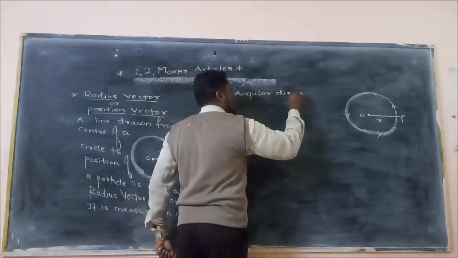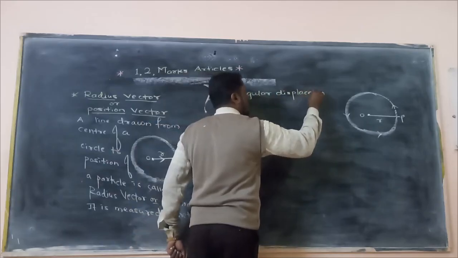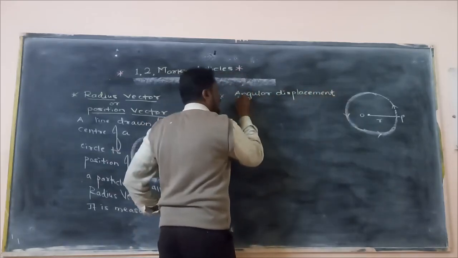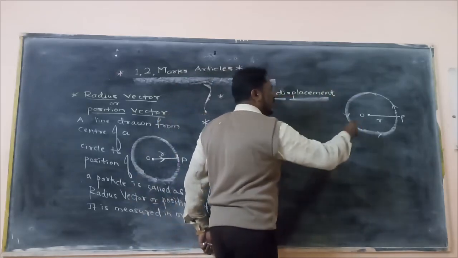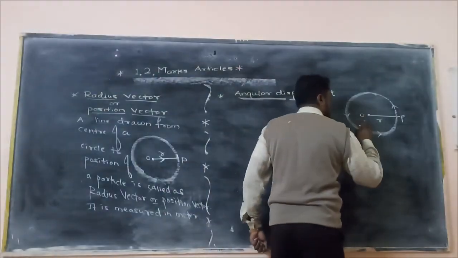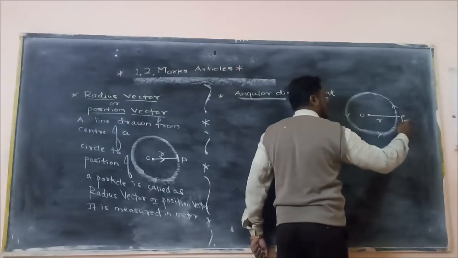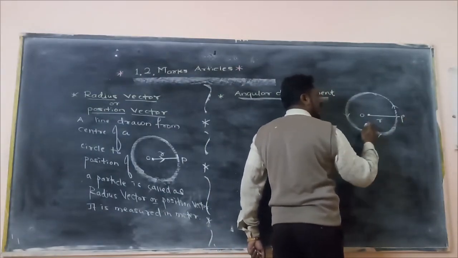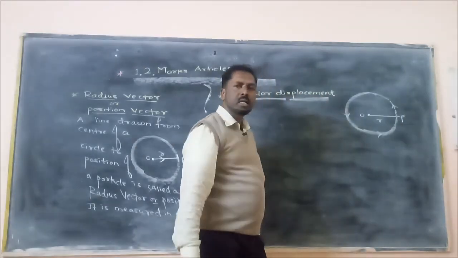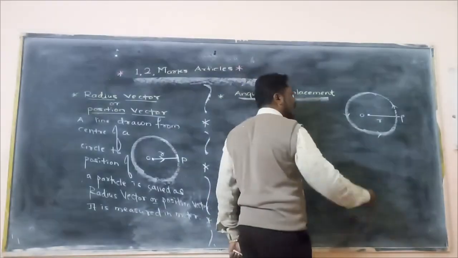To understand the concept of angular displacement, in the diagram there will be the center, and P be the point or a particle situated at a distance r. That distance r is called the radius vector or position vector.